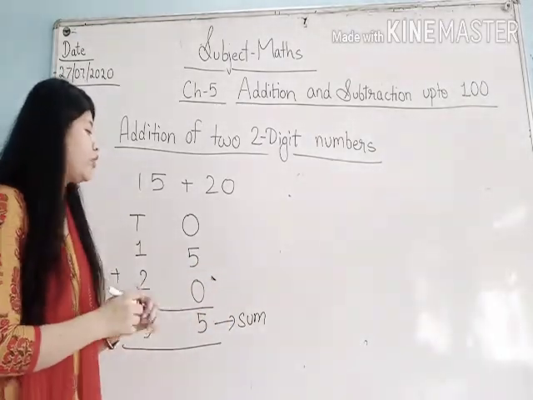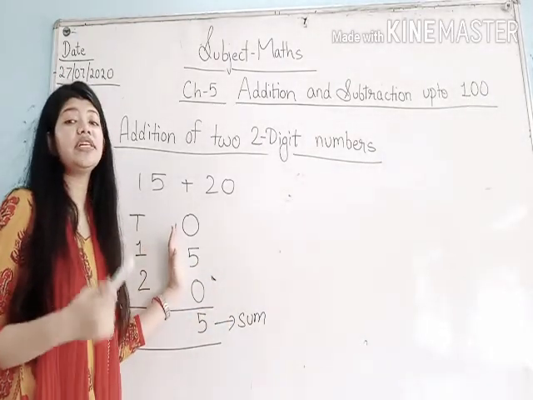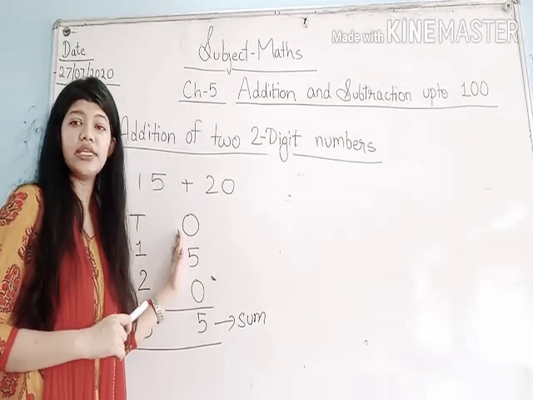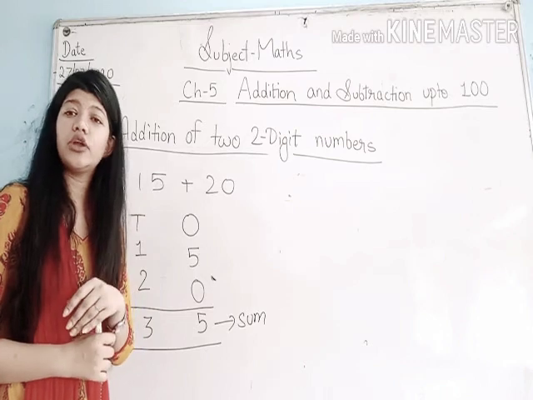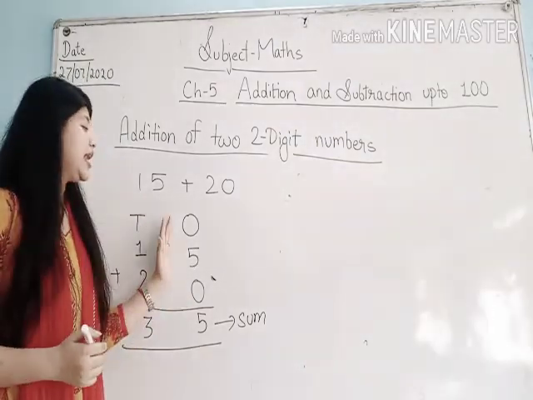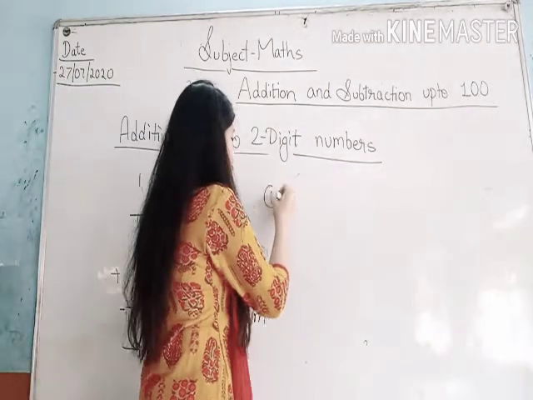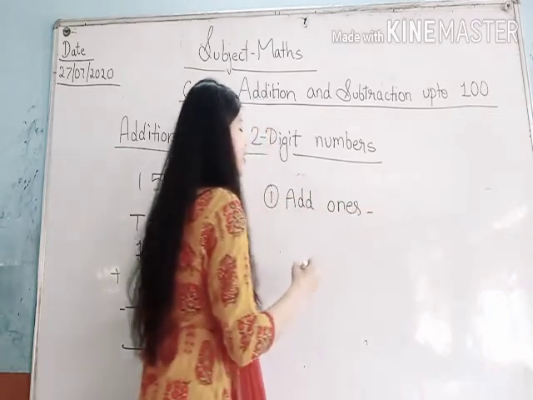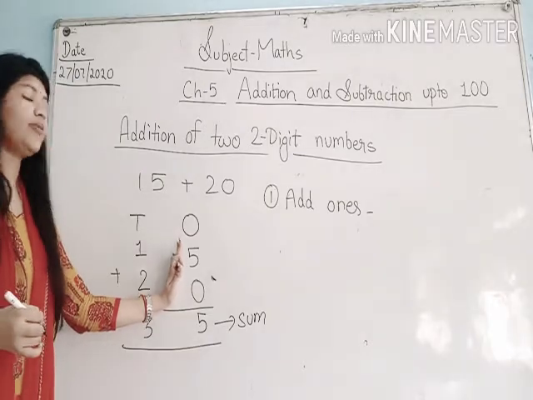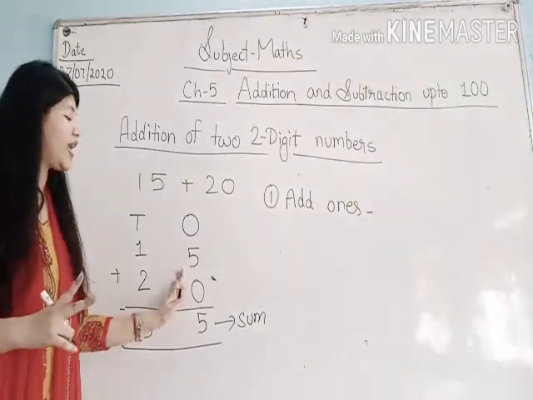So how will we add? What is the first step? To add the ones. So we can add ones in the place value format also. How will we do it? Let's add ones. The first step will be to add ones. So look at the ones digits. How many ones are there? 2 ones are there, 5 and 0.